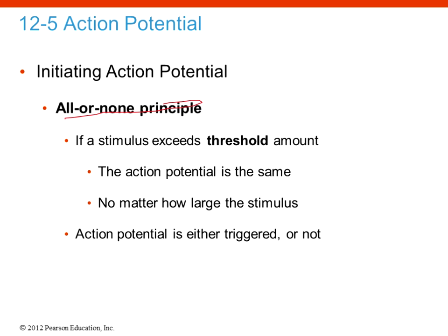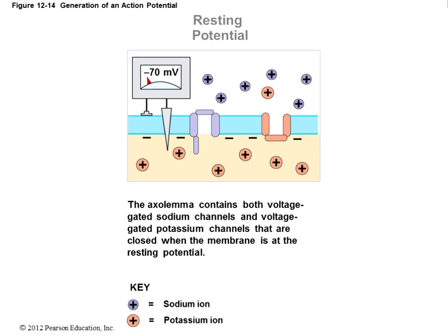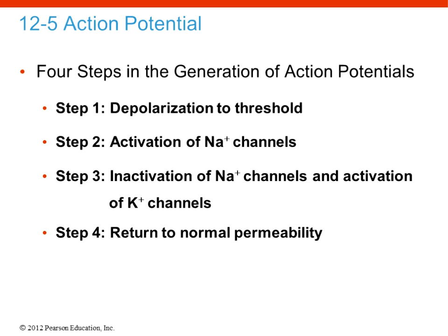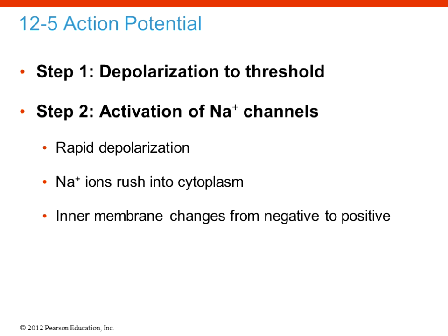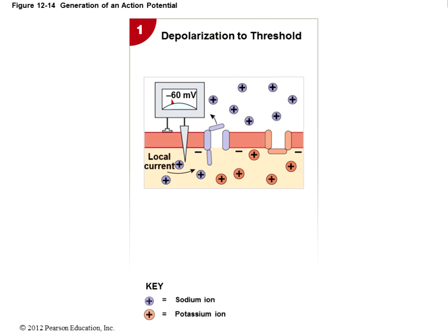And we call this the all-or-none principle, because if the stimulus exceeds that threshold amount, the action potential will happen. So the action potential is either triggered or it's not, all or none. All right, and so you can see in these images, start with -70 at rest, right? You depolarize to threshold, okay? Once you depolarize to threshold, you're going to see activation of more sodium channels, which sodium ions are going to rush into the cell.